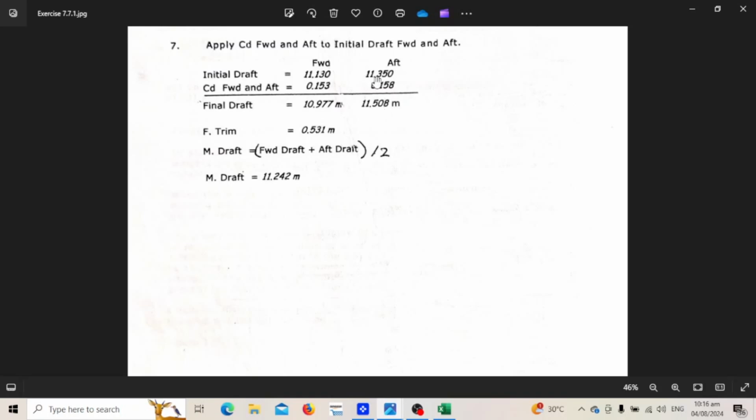So when you add 11.35 plus 0.158, then you will have a draft up of 11.508. Okay? And the trim, you just deduct the forward draft from the up draft, then you will have a trim of 0.531. Then mean draft, you add forward draft plus your up draft, divide by 2, then you will have a mean draft of 11.24. Okay? So that's it, guys.